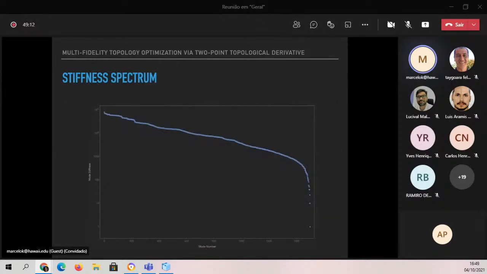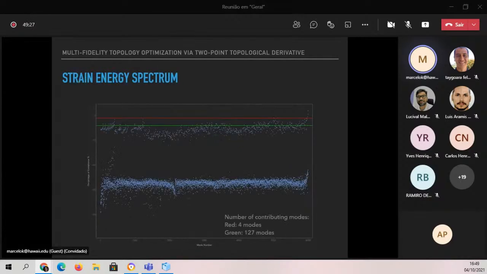We can look at the spectrum of the stiffness matrix, and you see that you have a large variation, as usual, in the spectrum of calculated modes. And here you see why we really need to go spectral. The red is cutting in with 3 decimal places, which is usually satisfactory for engineering applications. But if you need high accuracy as I need here, I have to go to the green bar.